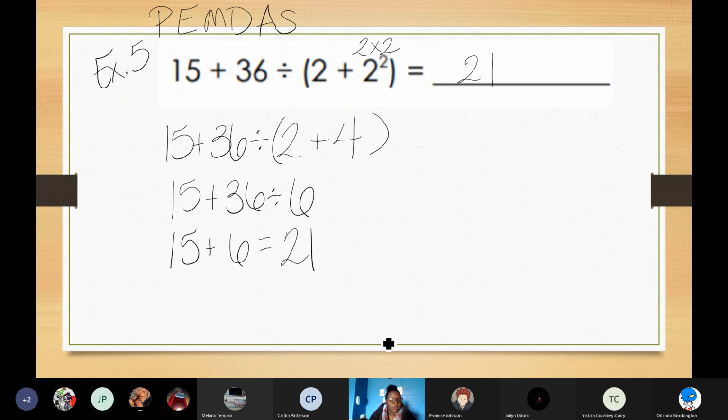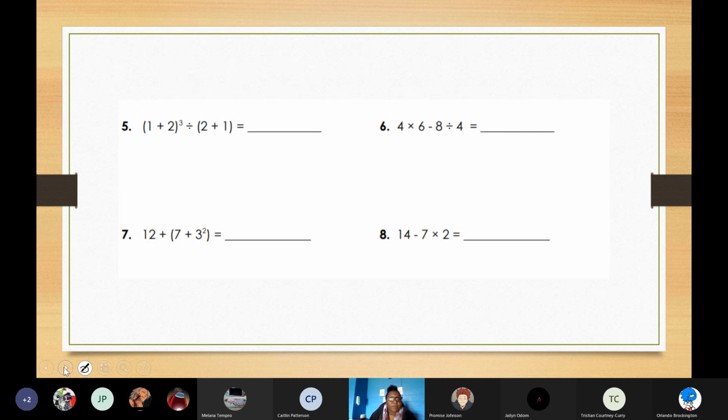Okay. So let's do another example together. We're going to do all 4 of these together during class today. This is what's going to make class so much longer because I want to do a lot of guided practice with you today. Okay.